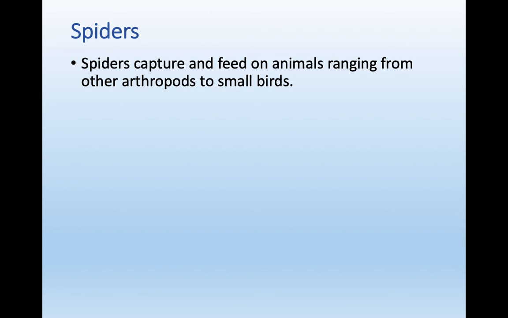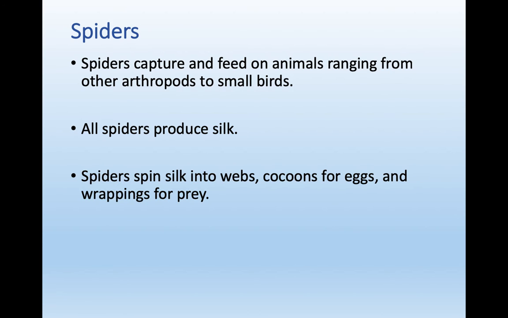Some of them will spin webs to catch their prey. Some of them actually hunt. But all spiders do produce silk. Even tarantulas, which primarily get their food by hunting, still produce silk, which they use to help create a habitat where they can lay eggs and so on.